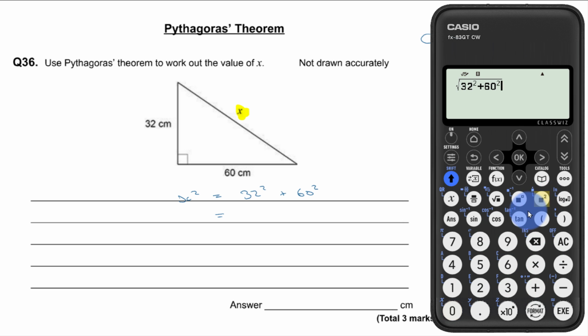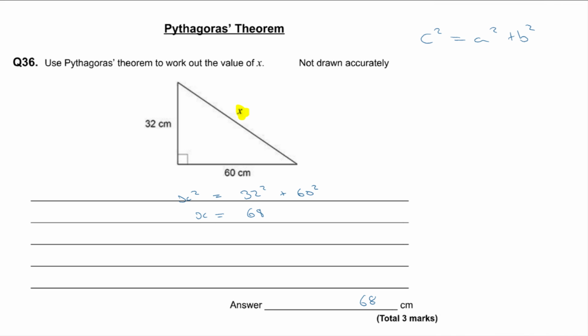The square root needs to go all the way across from one end of the 32 squared to the end of the 60 squared. If it's looking correct, just press equals. You can see it popped out being 68. So that is my value of x. Because I put the square root in, it's already square rooted. That's just the final answer, so I'm going to write down 68.